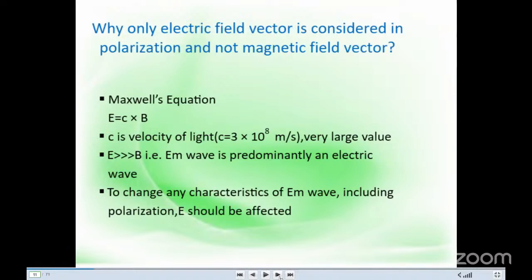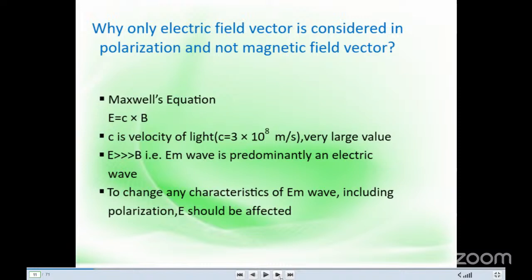So why is only the electric field vector considered in polarization and not the magnetic field? According to Maxwell's equations, E equals CB, where C is the speed of light, that is 3 into 10 power 8 meter per second or 3 into 10 power 10 centimeter per second, which is a very large value.